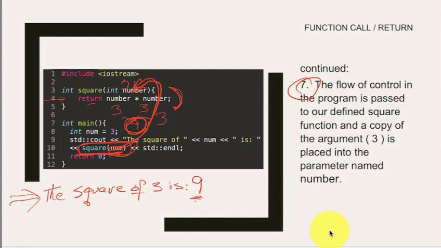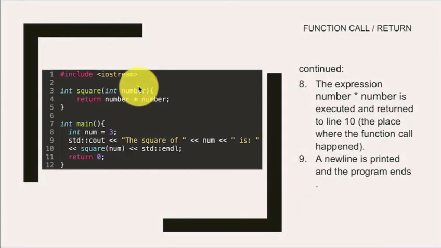That's where that 9 came from. Okay, and just to be more explicit here, in instruction 8, number times number returns a 9, and that 9 is written as part of the output string right here.